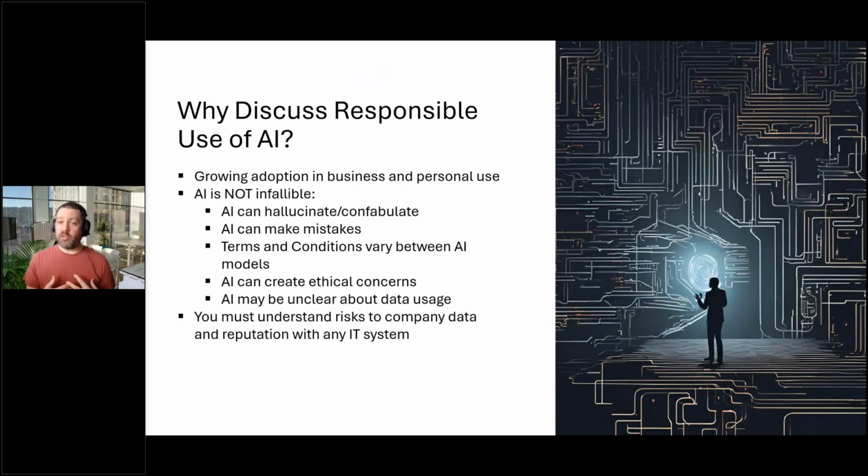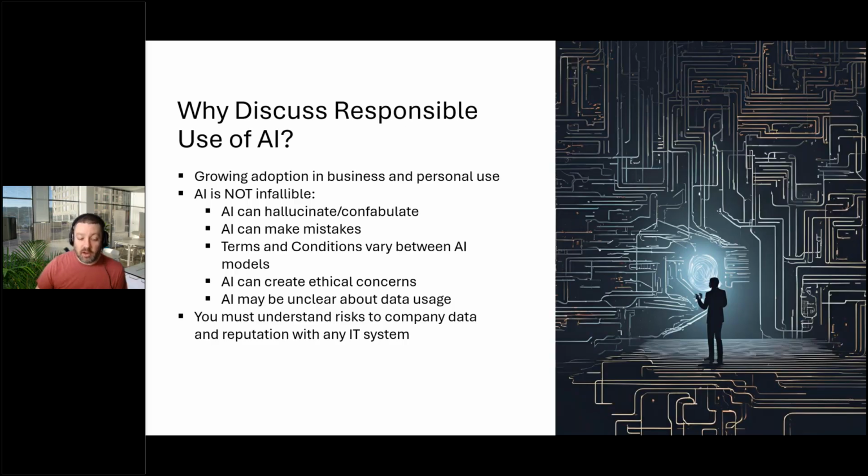So in order to implement AI into your company infrastructure, the first thing you really need to do is understand what responsible use of AI looks like, what AI misuse looks like, and then look at what types of risks are out there to company data and company reputation based on utilizing an AI system.